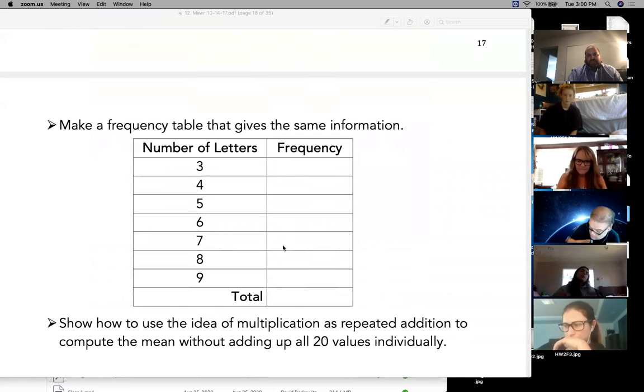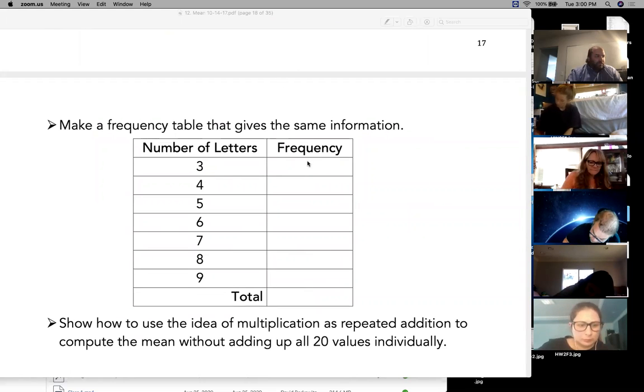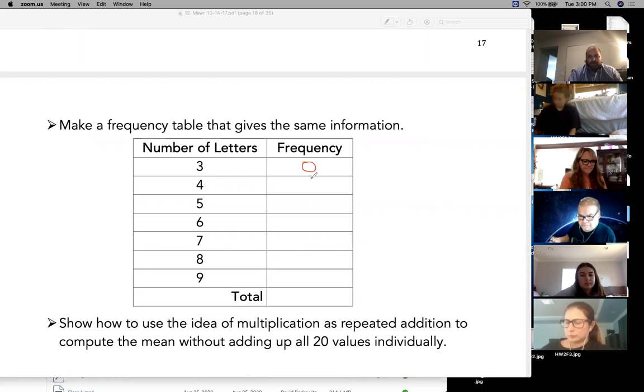So make a frequency table that gives the same information. Okay, no problem. How many times did 3 occur? 3 occurred 0 times. How many times did 4 occur? 4 was 5, sorry. 5 was 6 times.